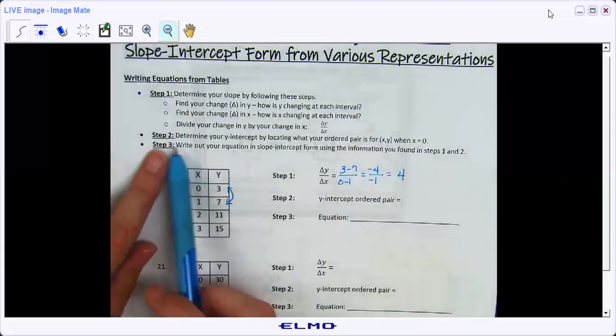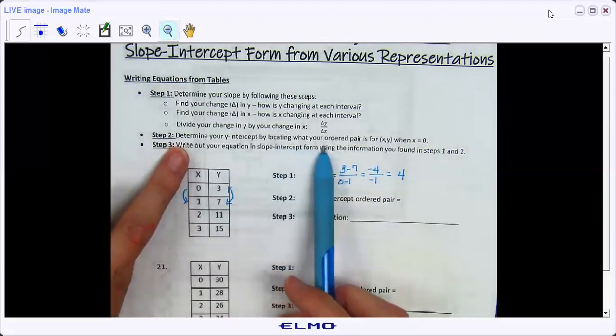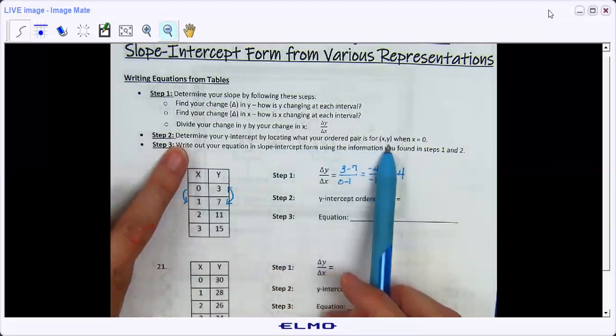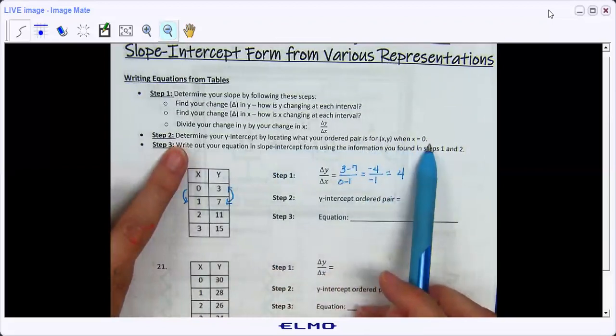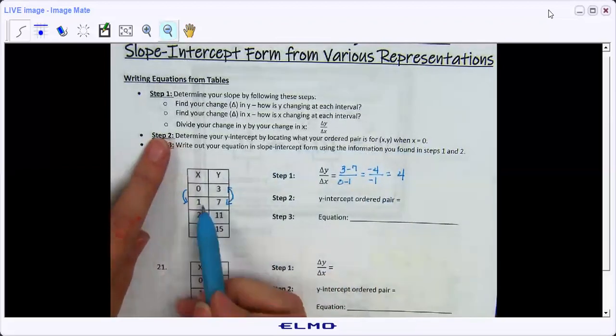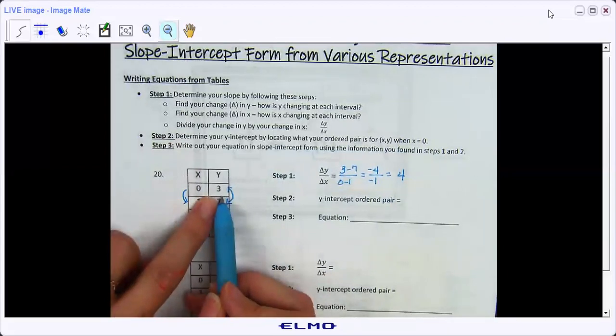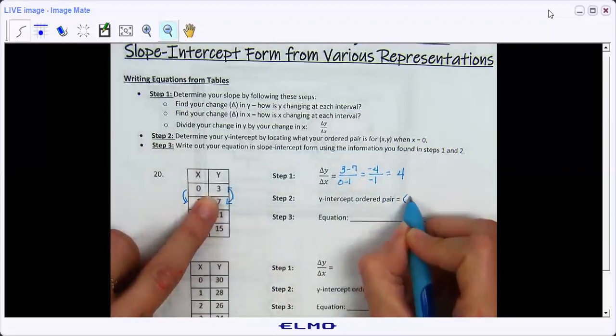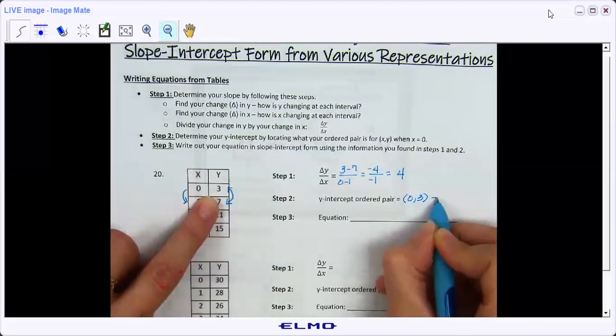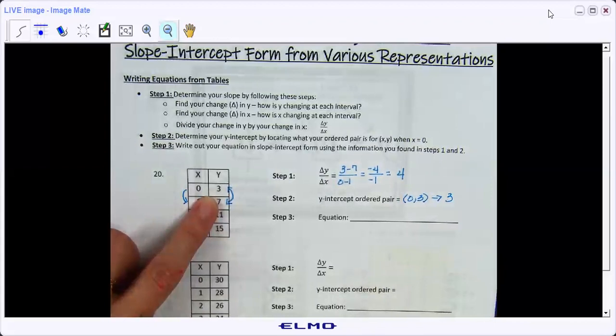Our next step is to determine your y-intercept by locating what your ordered pair is for x, y when x is 0. Okay, well here x is 0, which means that my y is 3. So (0, 3) gives me a y-intercept of 3.